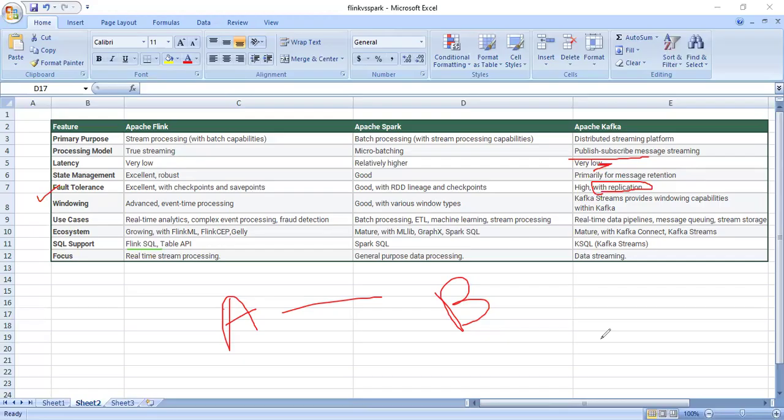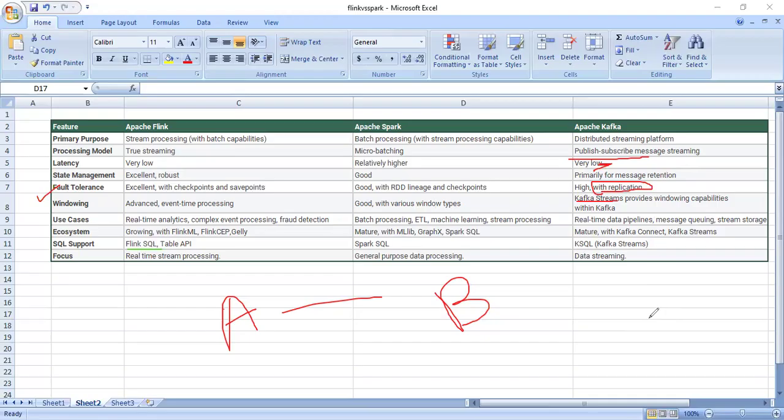Kafka being a distributed streaming platform, it also gives us libraries for in-place data processing capabilities. It gives us a library called Kafka Streams, which provides streaming data processing capabilities somewhat similar to Spark and Flink.